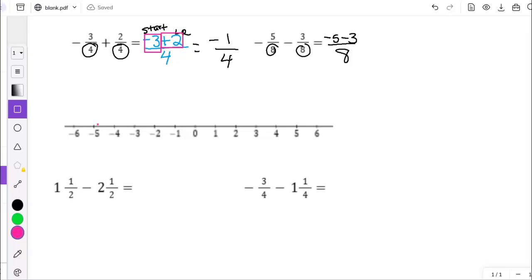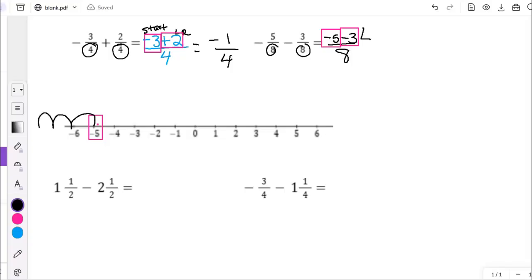My first number will be where I start, so I'm going to start at a -5. And my second number will be whether I go left or right. And since it's negative, we will go left. Okay, so I'll go left 3. 1, 2, 3.